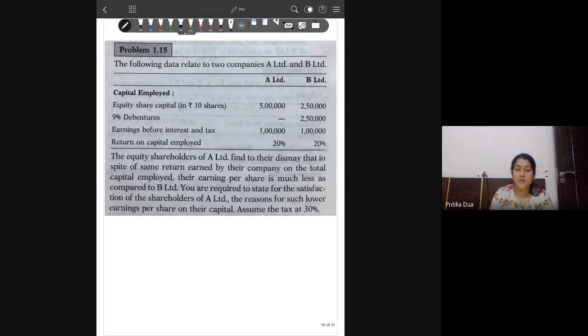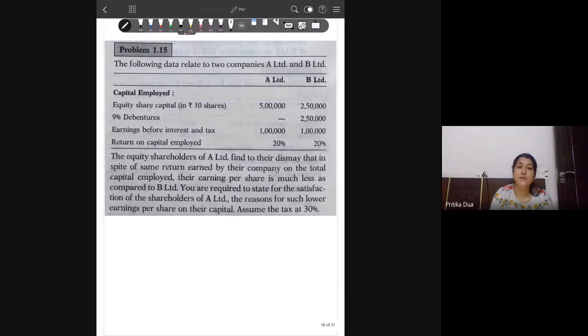If you see, equity plus debt is 5 lakh and the return is the same 20%, but the earning per share of B Limited is higher as compared to A Limited.